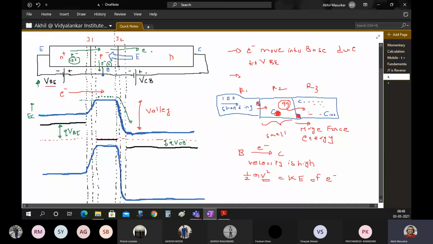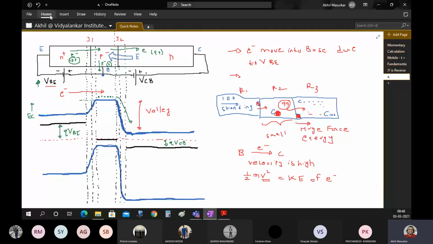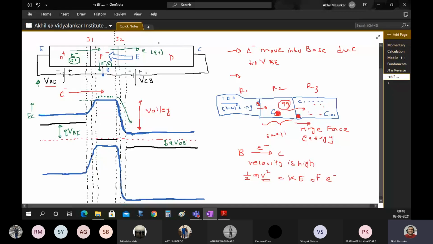So if the direction of electrons is like this, then the current will be in the opposite direction. If the flow of electrons in the collector is from base to collector, then the collector current will flow from collector to base.